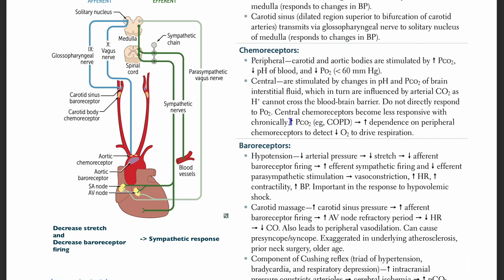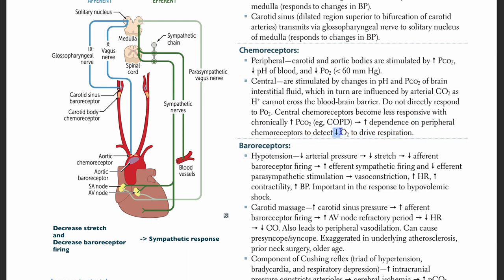I'm not even bothered, right? You're just gonna lie to yourself. For example, COPD, right? So then what happens is there's an increase in dependence on peripheral chemoreceptors to detect a decrease in O2 to drive respiration.